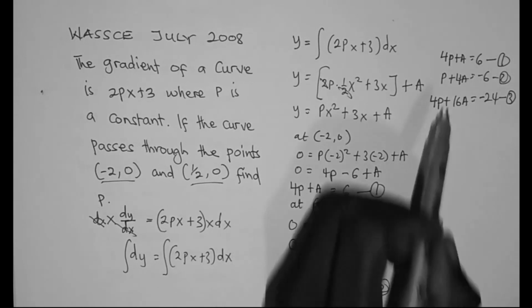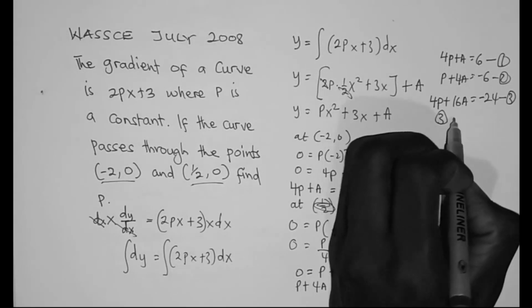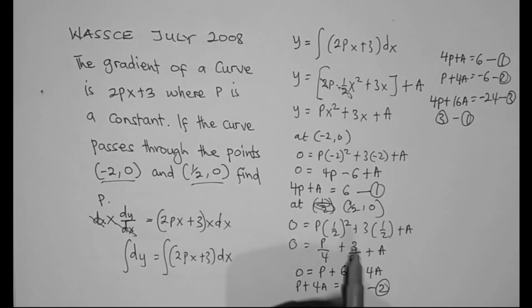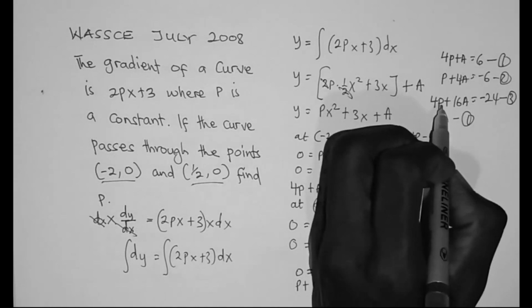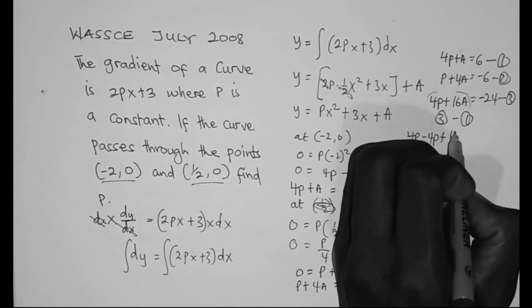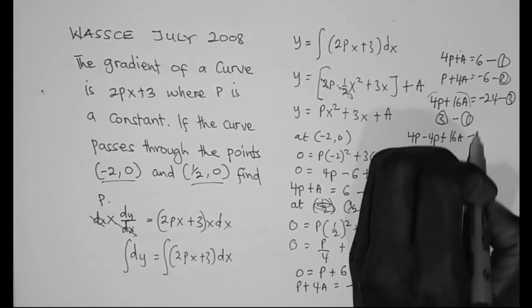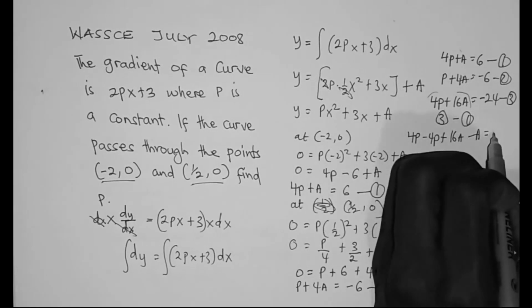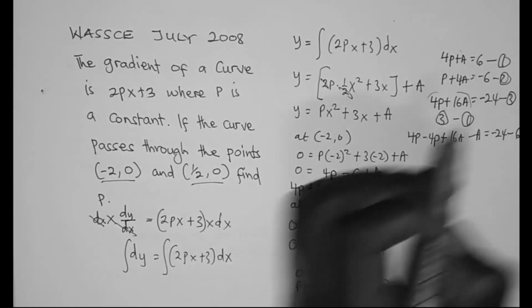So there's 4p and there's 4p here. So let's subtract equation 1 from equation 3. So it becomes 4p minus 4p, and plus this term, which is 16a, then minus this term, which is a, equals minus 24 minus this term, which is 6.